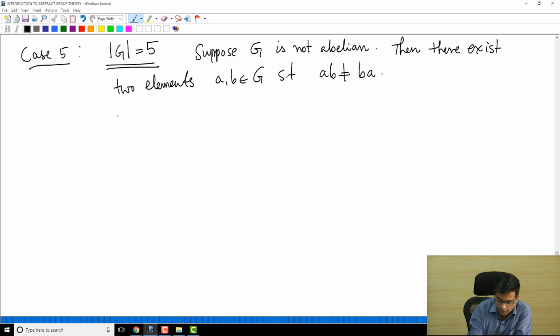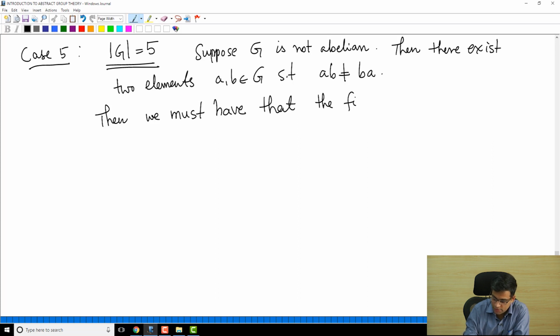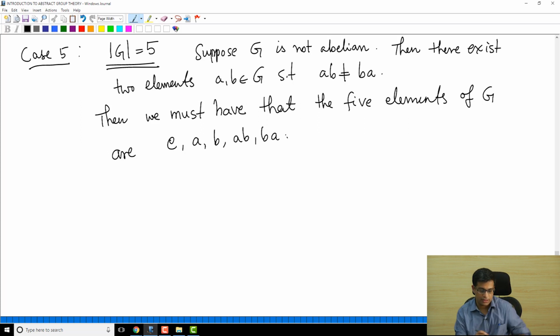Okay. So, now I claim that the 5 elements of G, recall that G has only 5 elements, must be E, the identity element, A, B, AB, and BA. Why is this?